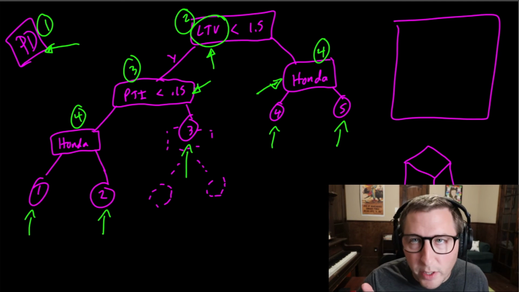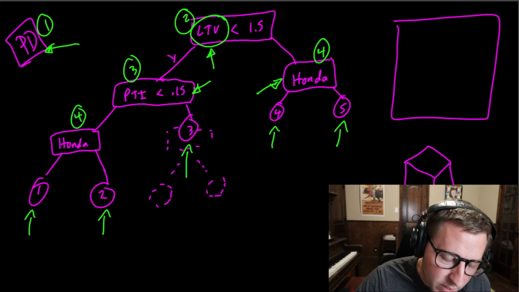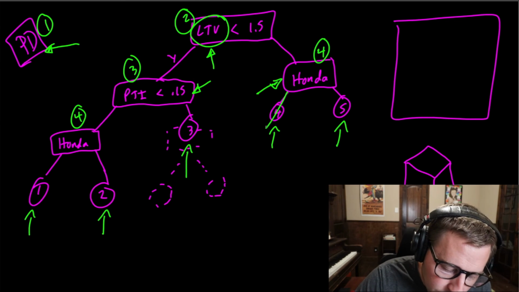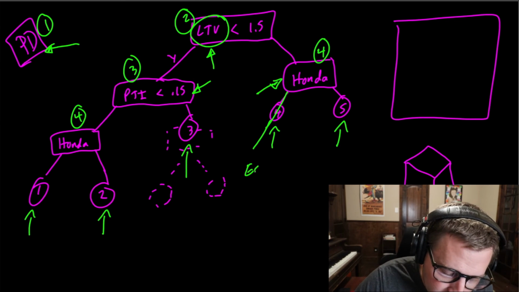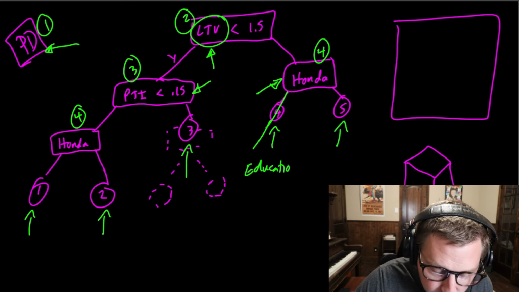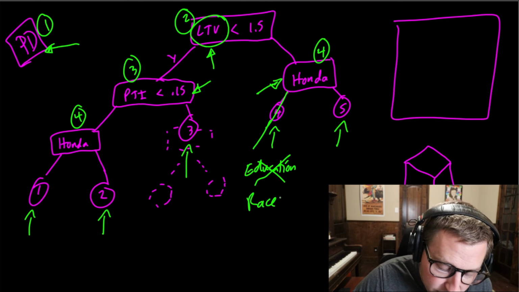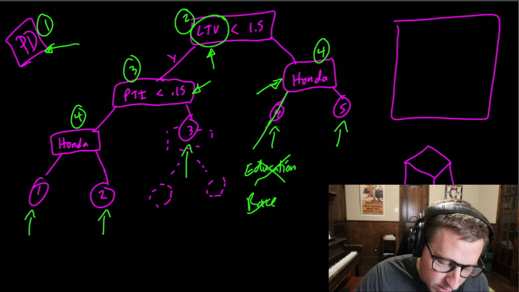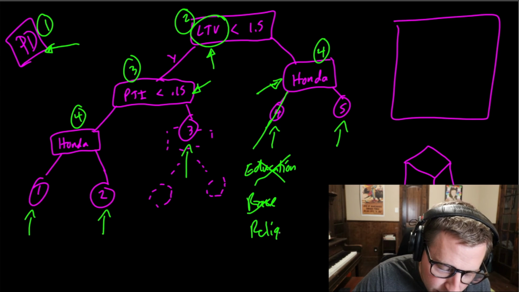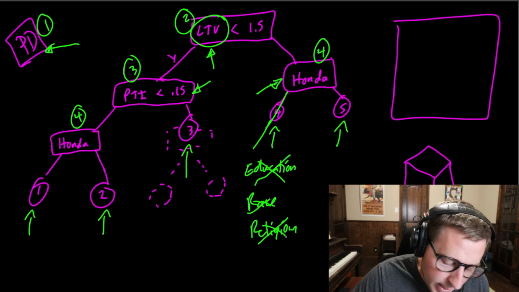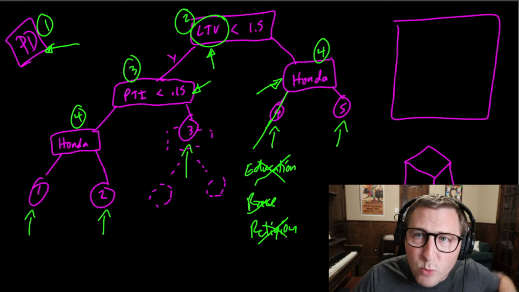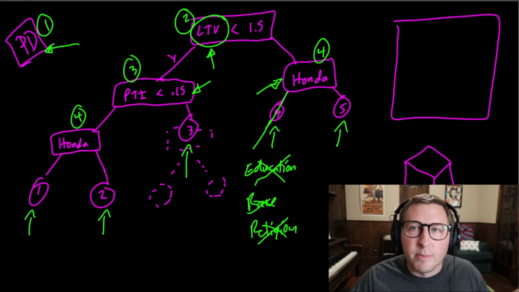What you don't want to see from a business standpoint is a split that says your education, which is a gray area, but really if you wanted to violate a bunch of laws, you'd use race, or religion, or just nonsensical things like how many websites you viewed that had some sort of product in it.